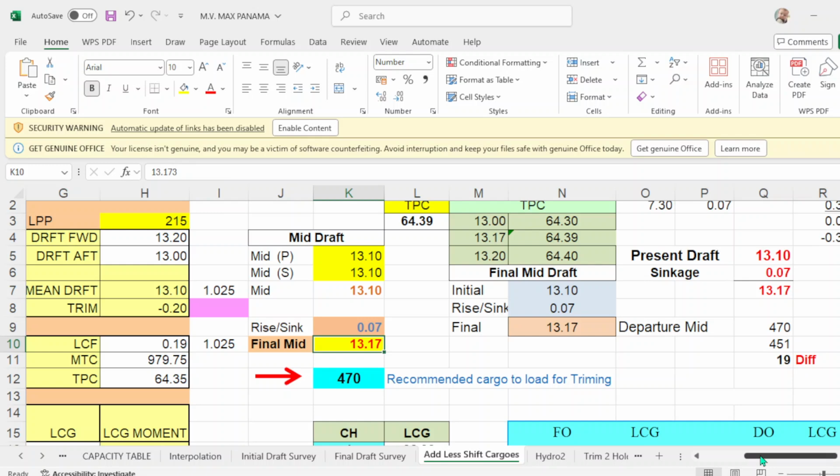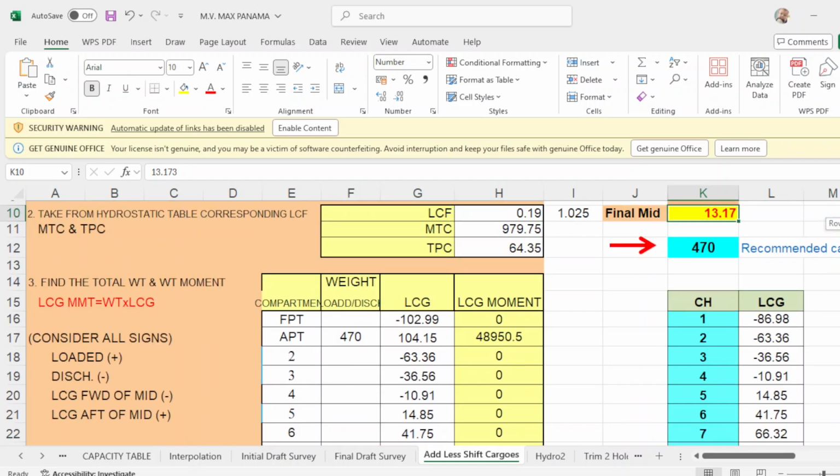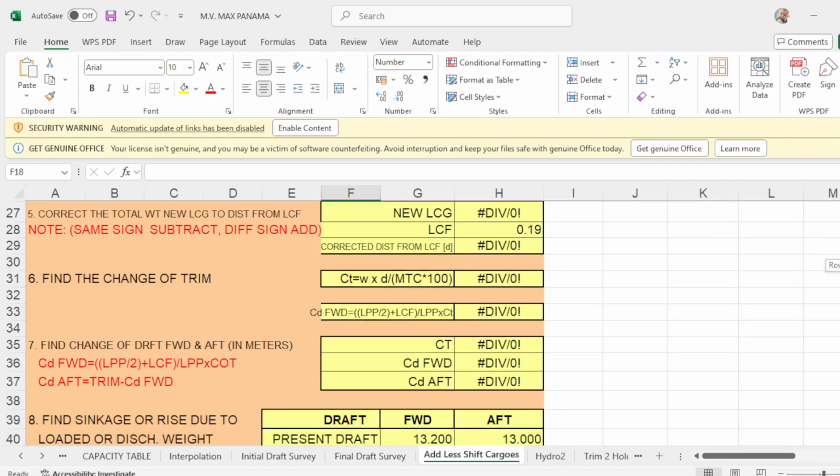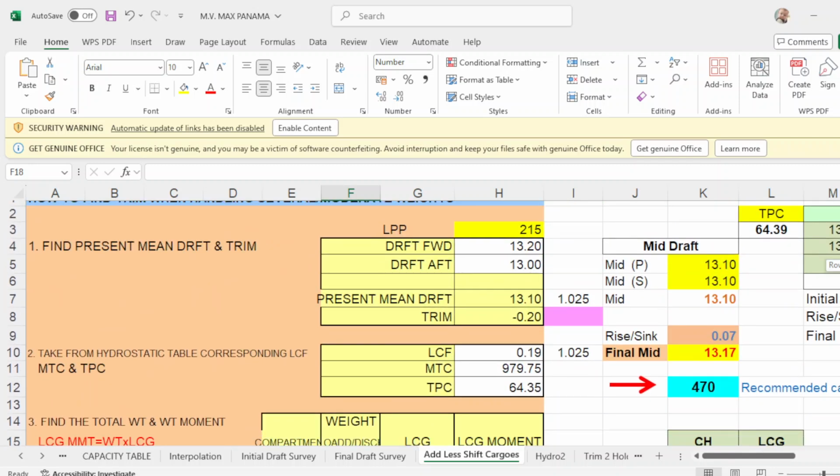Okay. So what happens if we add after peak of 470? Before, take out first this one. Your initial drop is 470.